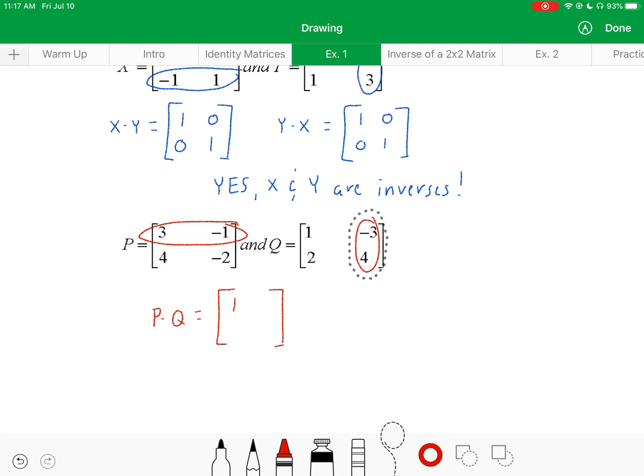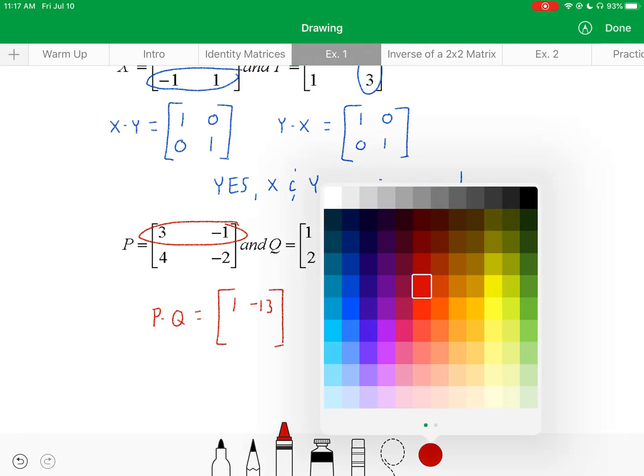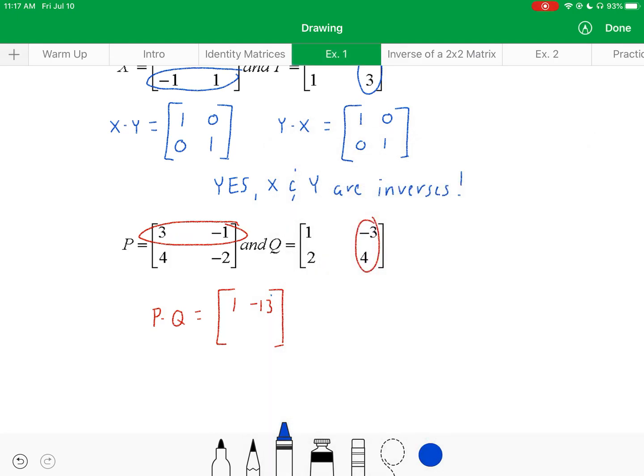That's going to give me 3 times -3 added with -1 times 4. That will be -13, and right there is a red flag. I was expecting that to be a 0 for the position that it's in for the identity matrix. So the fact that this is not a 0 tells me that we can conclude P and Q are not inverses of one another.